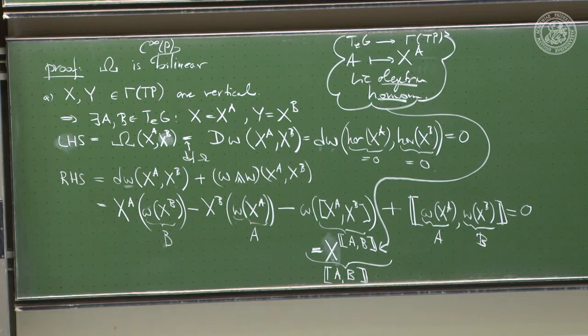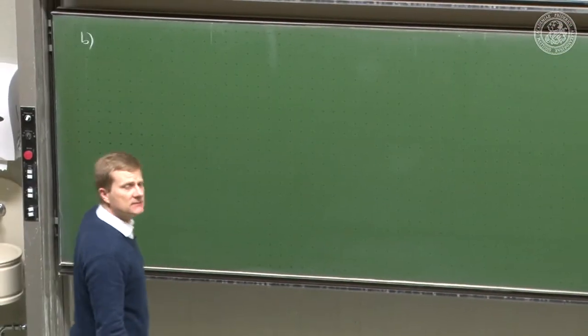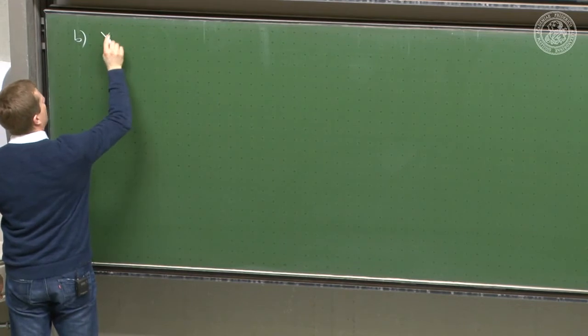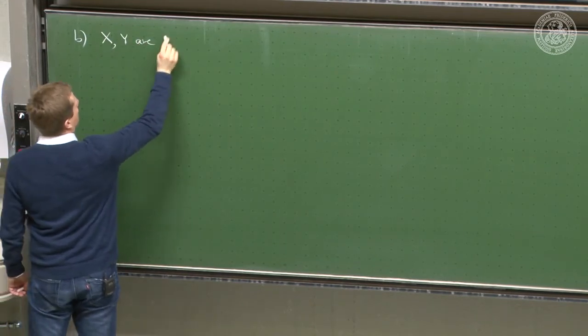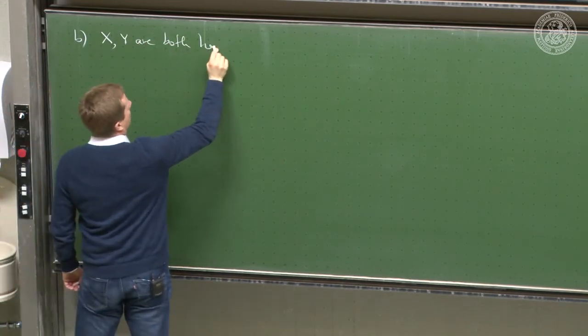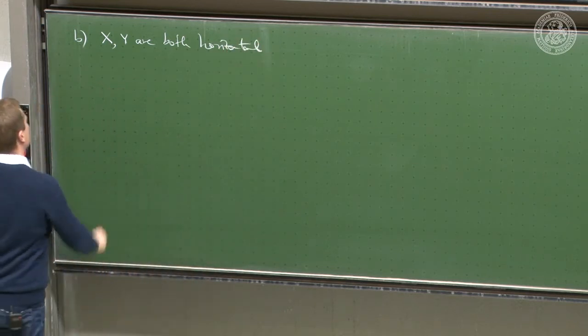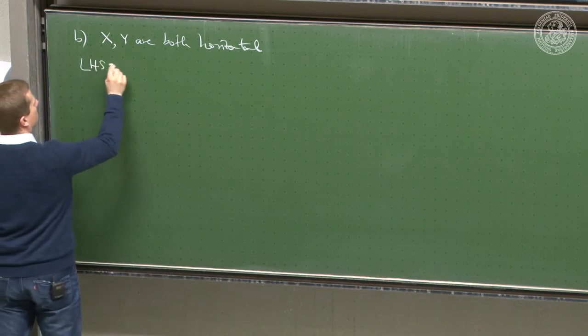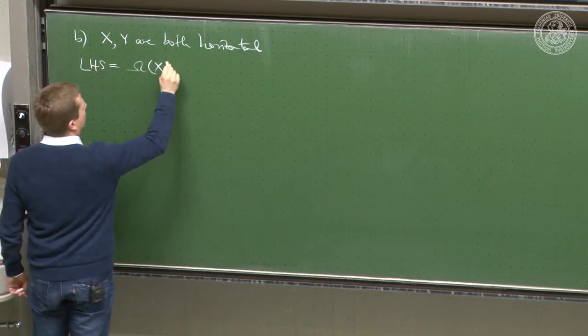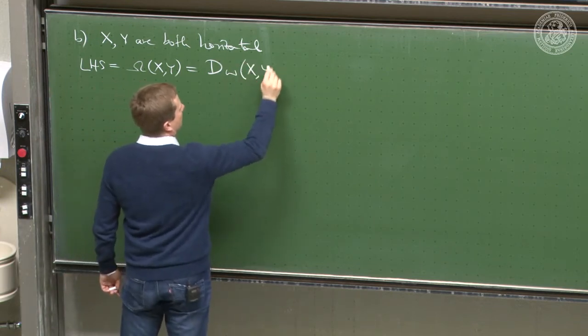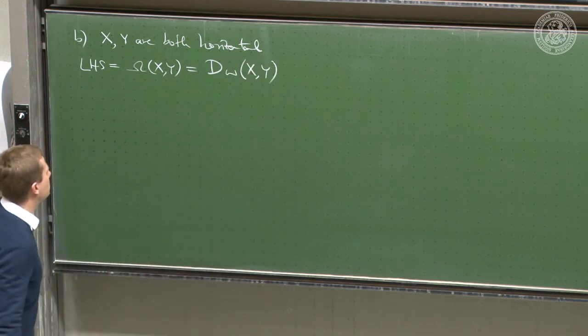Now what about the case B, that the vector fields are both horizontal, and then the case C will be that one is vertical and one is horizontal. So now let's assume x, y are both horizontal vector fields. Then again we have the left-hand side. Omega of x and y is the capital D omega of x and y.